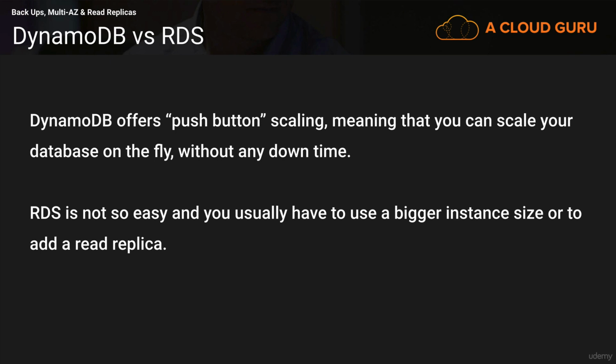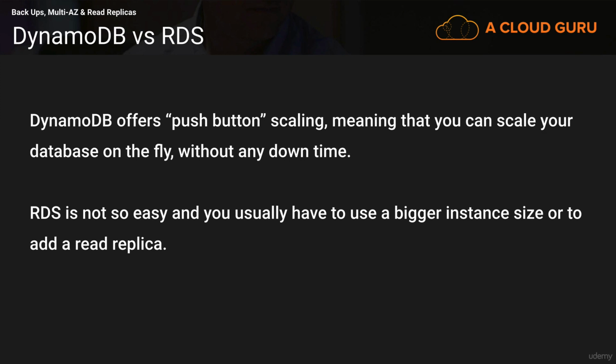We have to physically go in, create our snapshot, restore our snapshot to a new DB instance, and change the instance size when we're doing that restoration, or when we're creating our read replica, we need to change the instance size. So when you're scaling RDS, it's not automatic. It requires manual intervention in order to scale, and you can only really scale up. You can scale out, but it's only in terms of reads. You can't scale out in terms of writes.